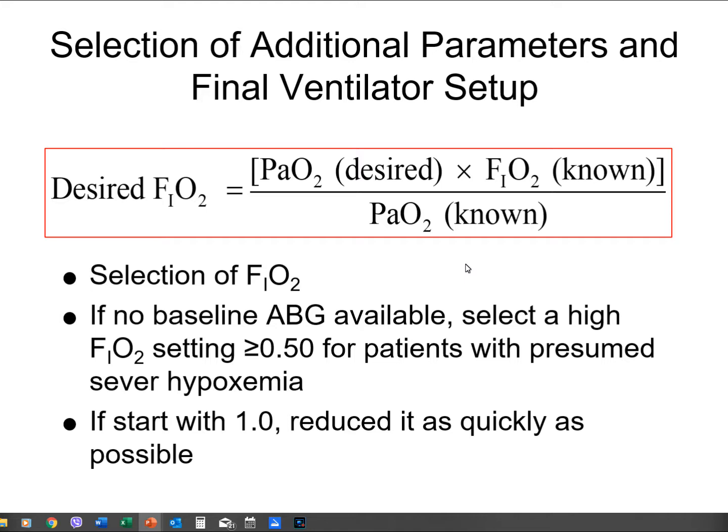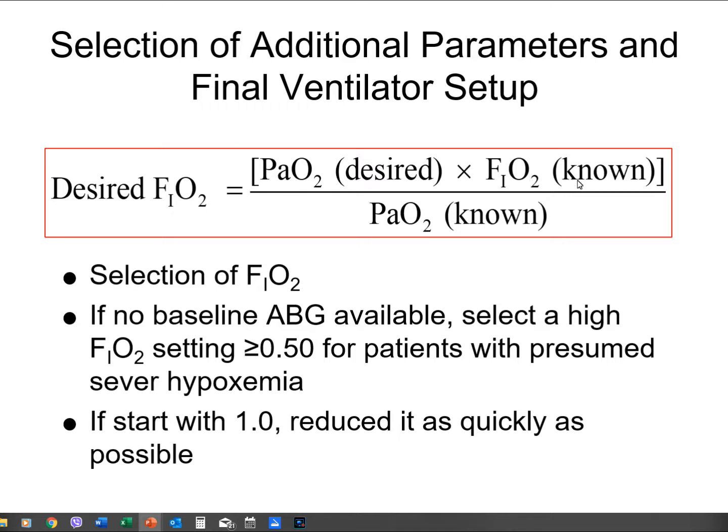So what you're going to have is a desired PaO2. Here's what the doctor's probably going to say: I would like the PaO2 to be, let's say, 80. He wants 80.